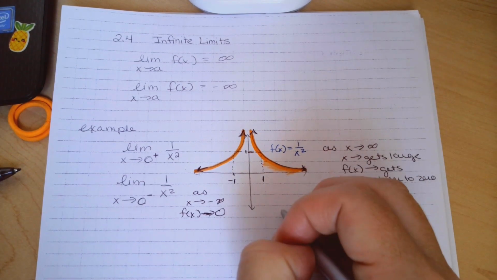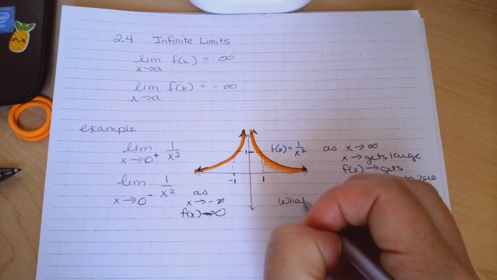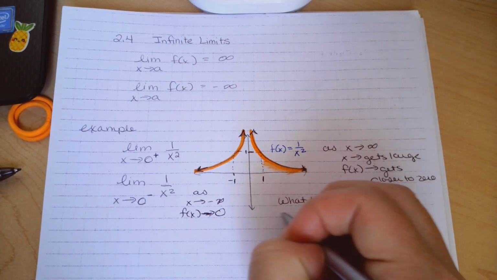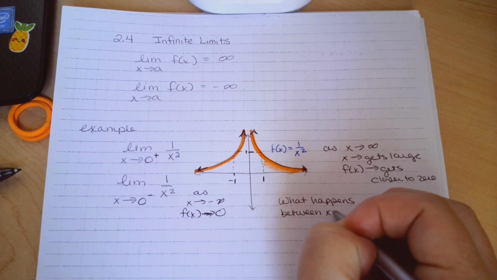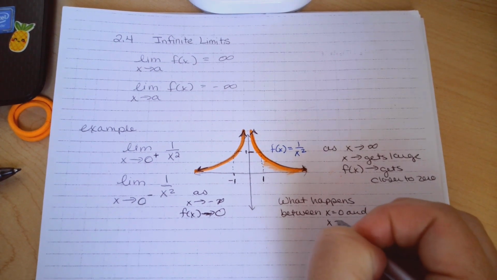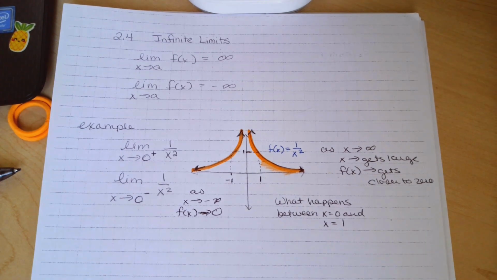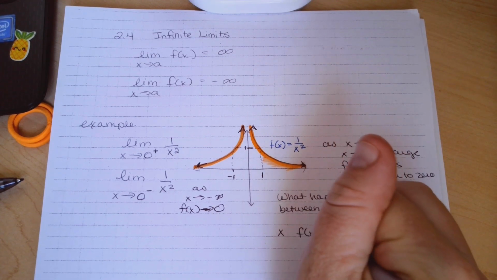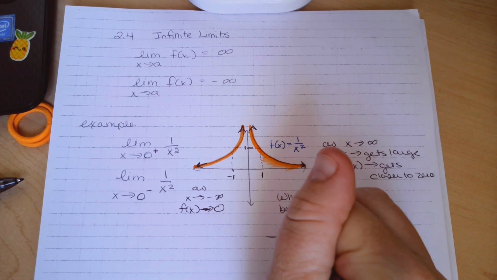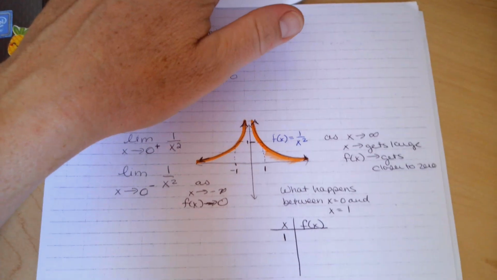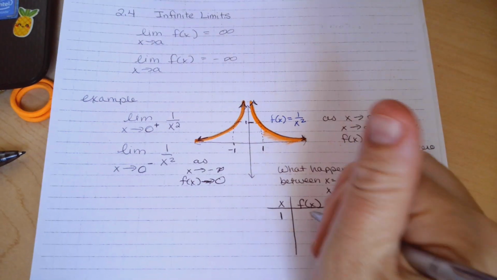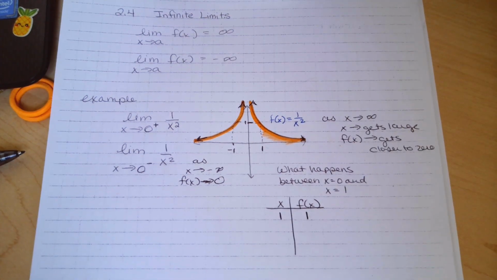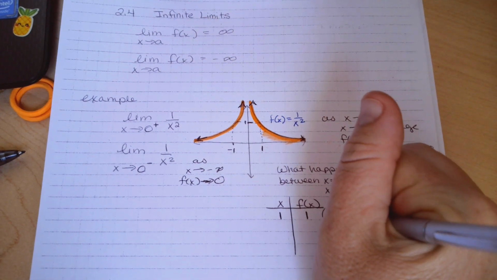And so let's go ahead and make a table real quick of what happens between x equals 0 and x equals 1. That's the space that is going to go to infinity, right? And so let's just make sure that we illustrate why. So we have x, here's my output, f of x. When x equals 1 or negative 1, our output is 1, because we get 1 over 1 squared.